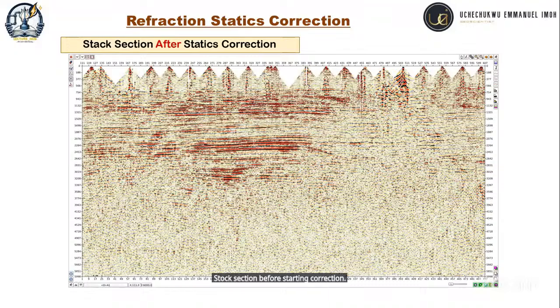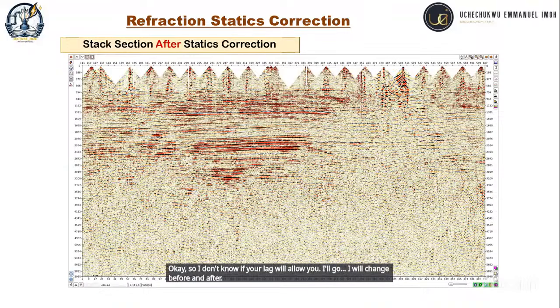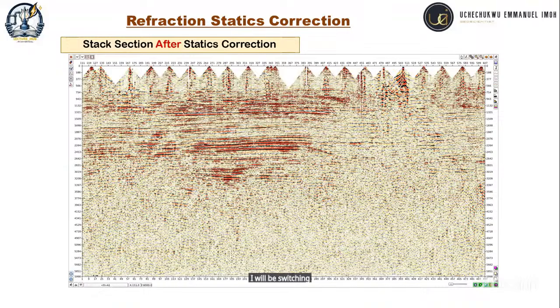So you have a lag. Okay, I'm seeing it now. Okay, this stack section after statics correction now. I don't know if your lag will allow you. I will be switching the slides so you see the changes before, after, before, after.